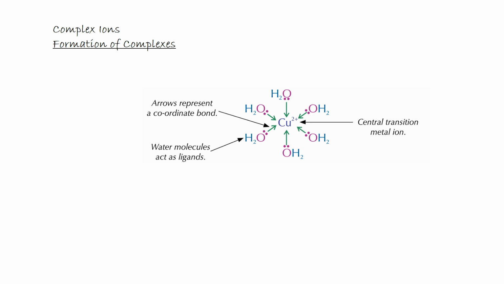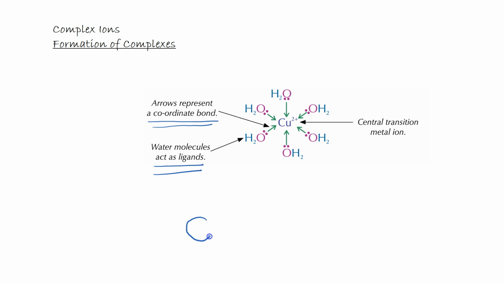Now here we've got an example of a complex ion where we have our water molecules, that is H2O, datively covalently bonding to a central metal ion. Here in this case we've got Cu2+, and we represent the dative covalent bond by the arrow, coming from the lone pair of electrons. Now we write this complex as follows.